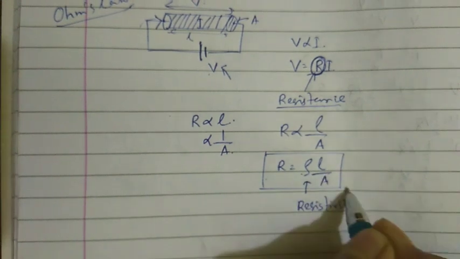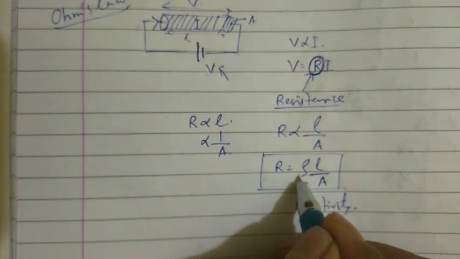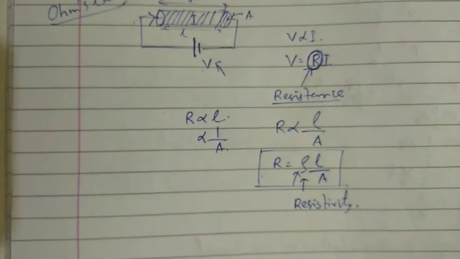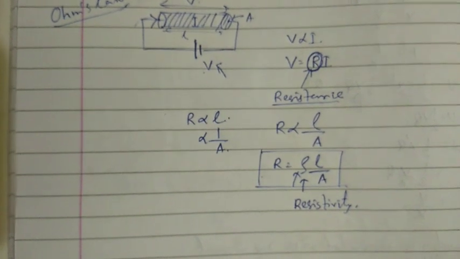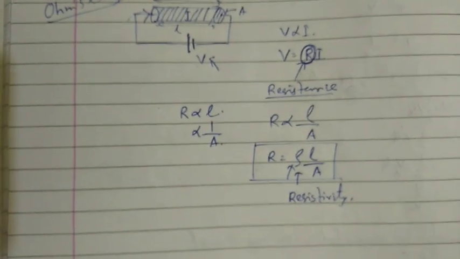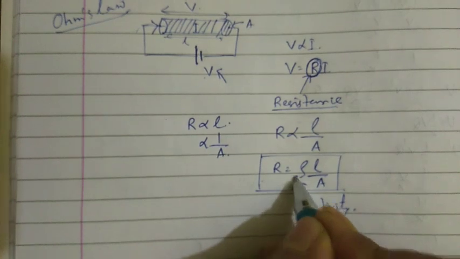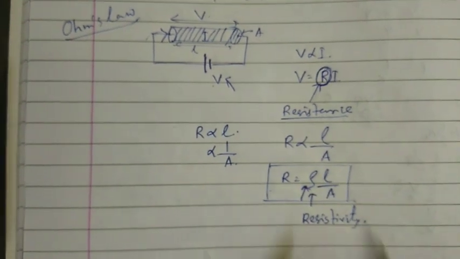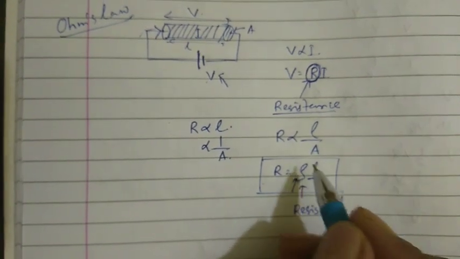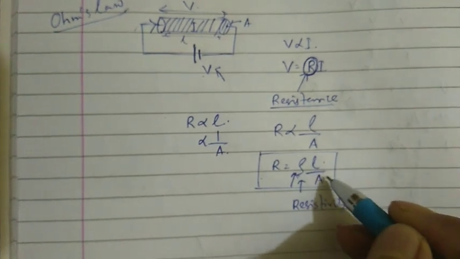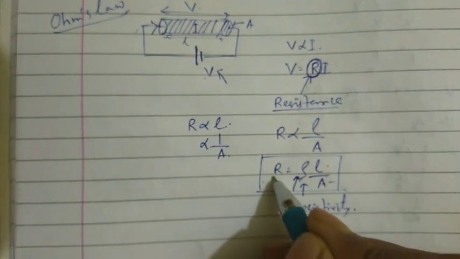Now the resistivity is a constant which is different for different materials. We'll discuss resistivity later. Now you can easily define resistivity for a given wire. If L is 1 and A is 1, you can write R equals rho.